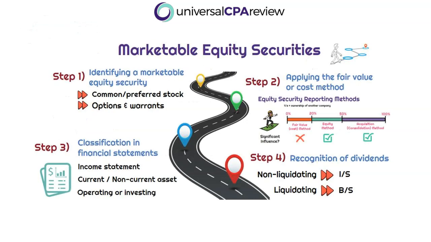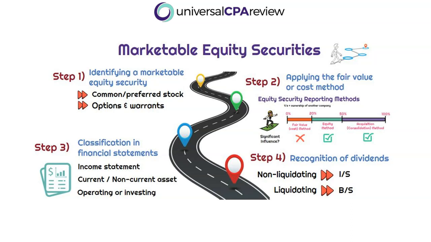So that wraps up our module on marketable equity securities. Again, remember the four-step mental map. The key things were being able to identify a marketable equity security, how we go ahead and report this on the balance sheet and the financial statements, right? It's at fair value.